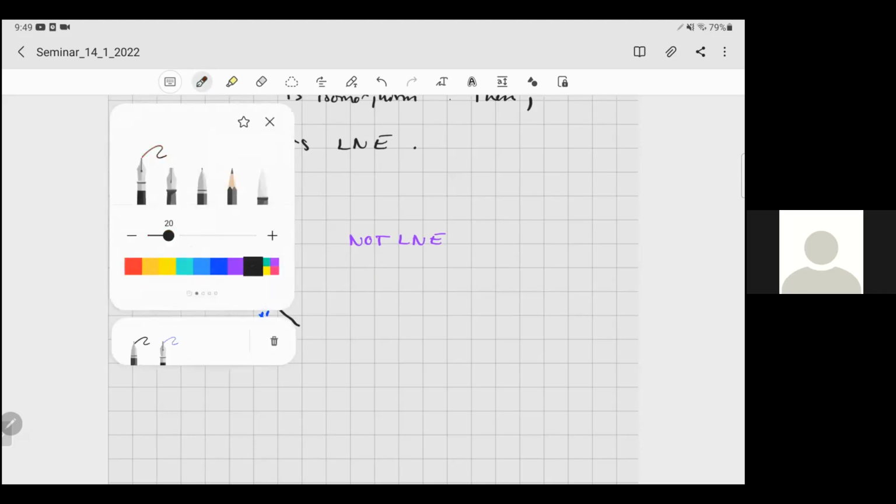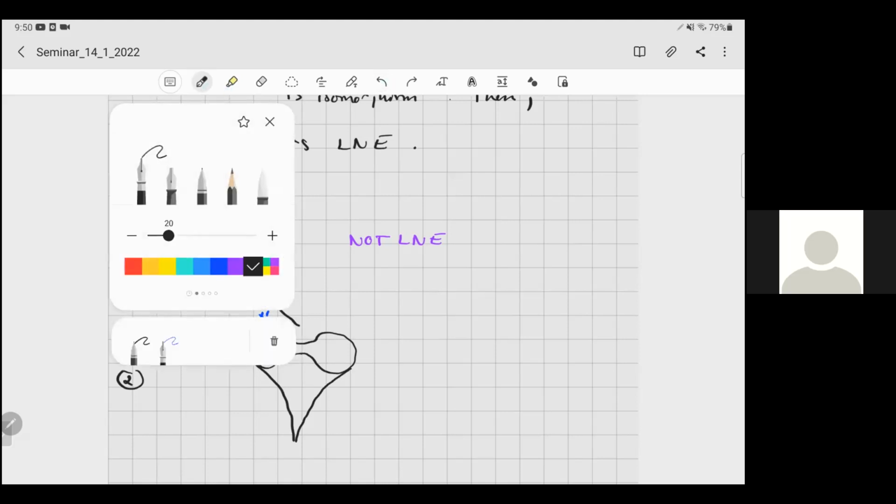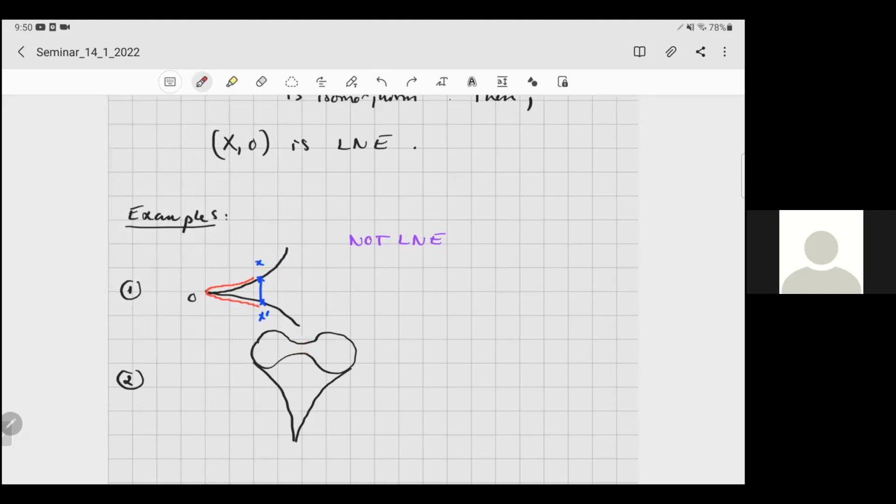And a second, simple example, which I often take, is this one. Why is it not LNE in this example? For example, we follow this curve. Suppose this curve has order bigger than 1, for example order 2.